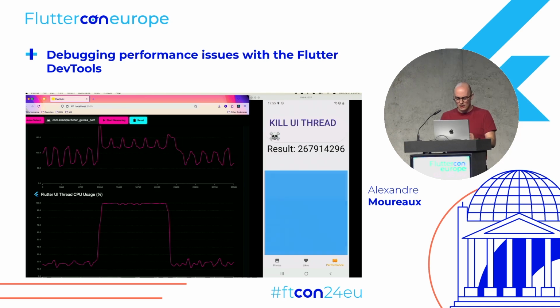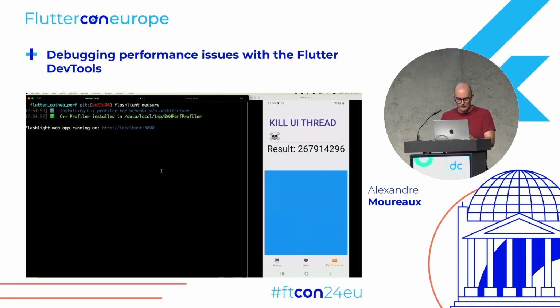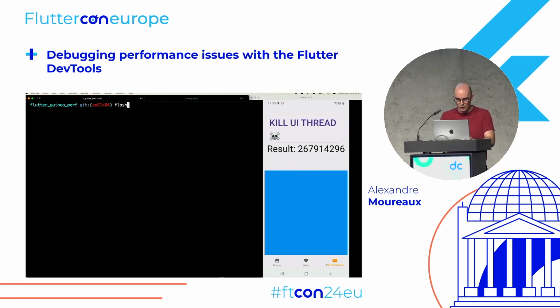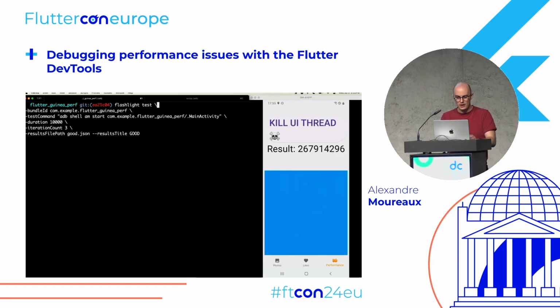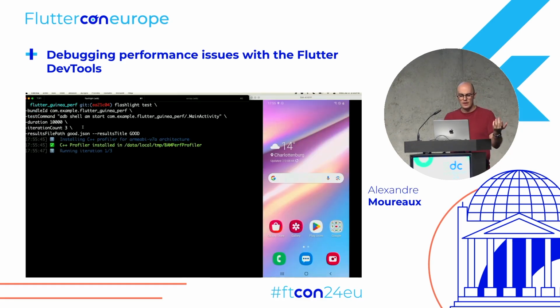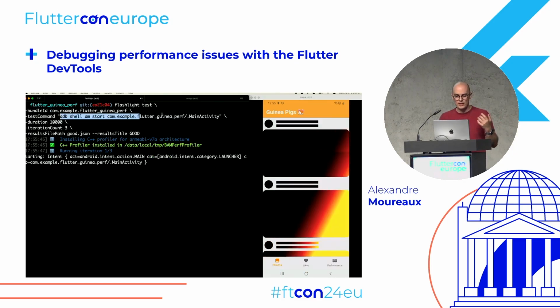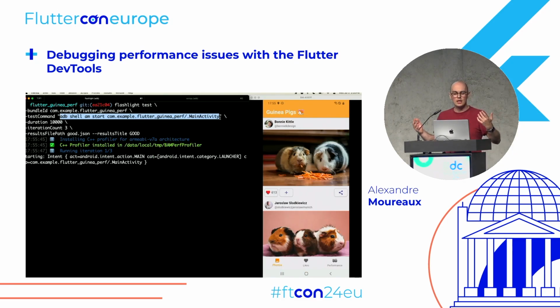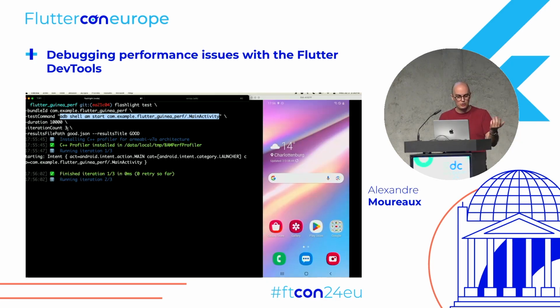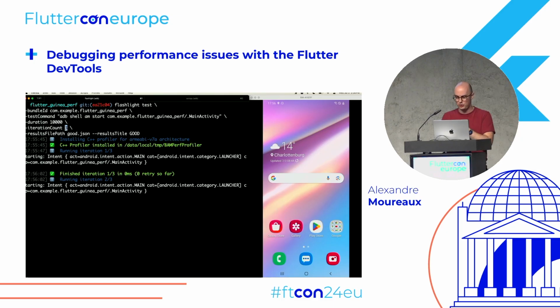Well, we do have another way to use Flashlight, and it's with a command called Flashlight test. Essentially, you pass the app ID of your app, and you can pass a test command. It can be an end-to-end test or just a simple ADB shell command to just start the app. What it's going to do is repeat the test a few times, by default 10, but here I've specified only 3 because otherwise it would take too long.